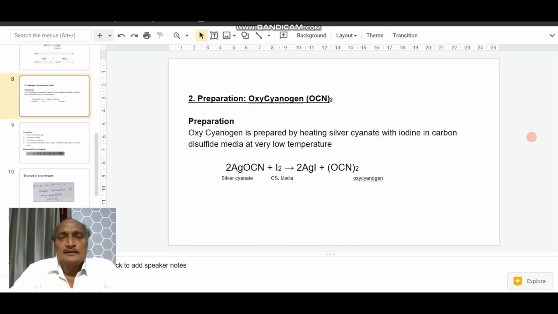That is, 2 moles of silver oxycyanate in presence of iodine under carbon disulfide media gives rise to oxycyanogen, that is (OCN)2, with the formation of silver iodide.